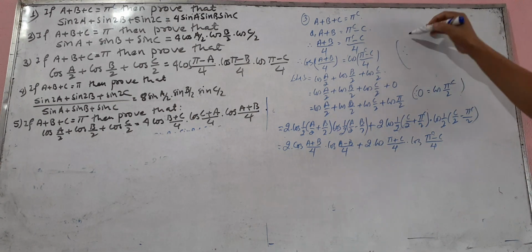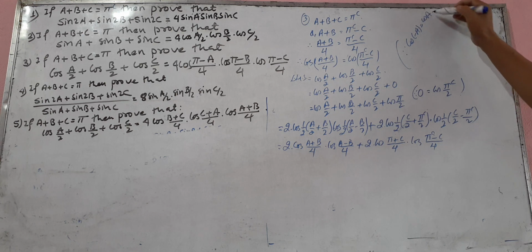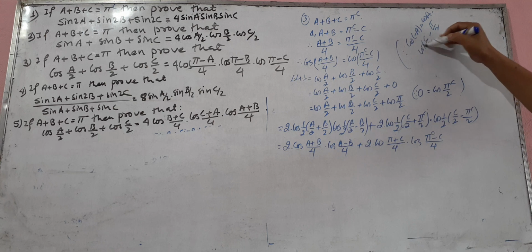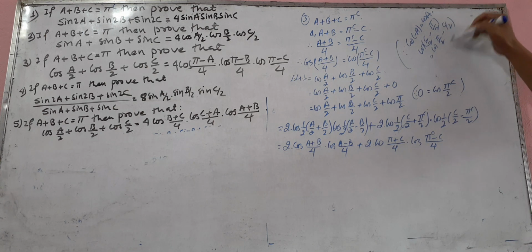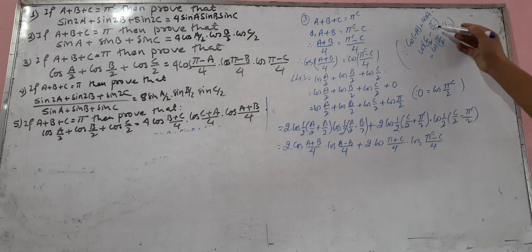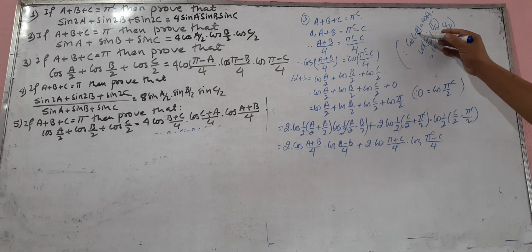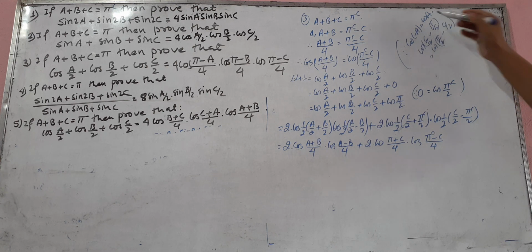Since cos of minus a equals cos a, this c by 2 minus pi by 2 can be written as cos of pi by 2 minus c by 2. By taking minus common, we have the form minus a, and cos of minus a equals cos a.